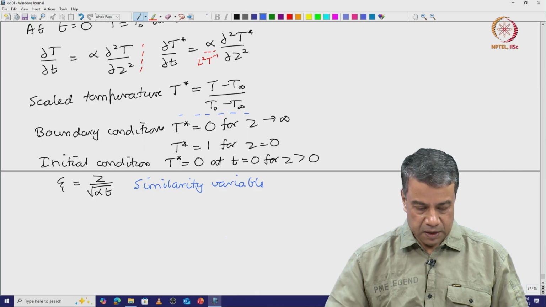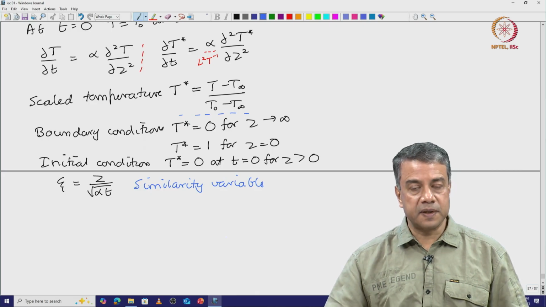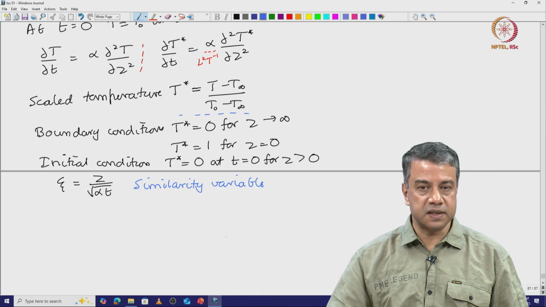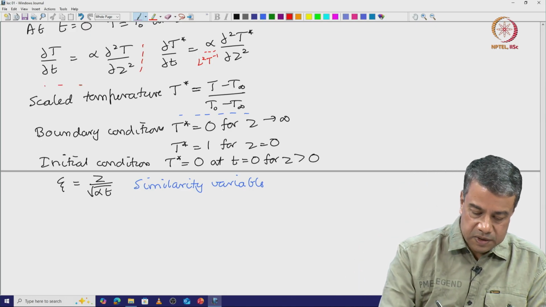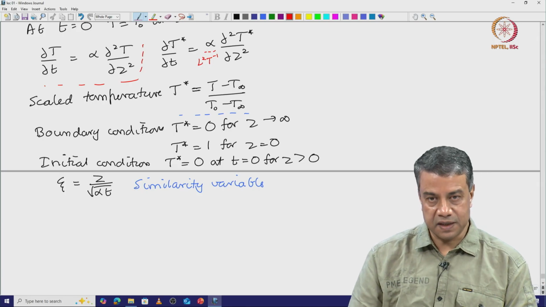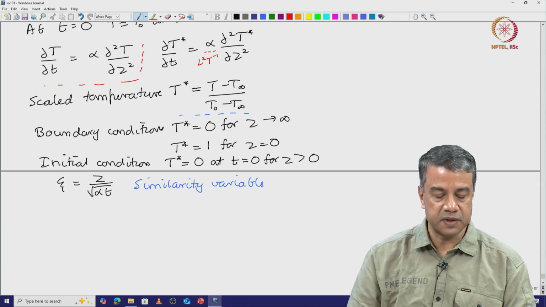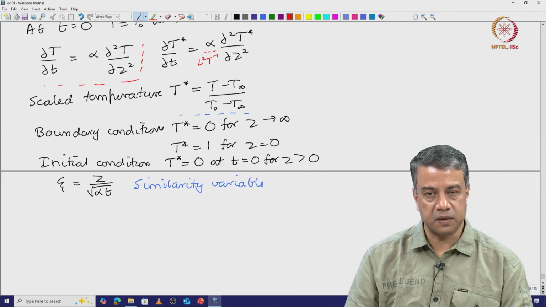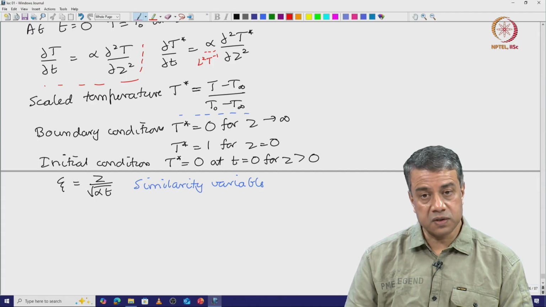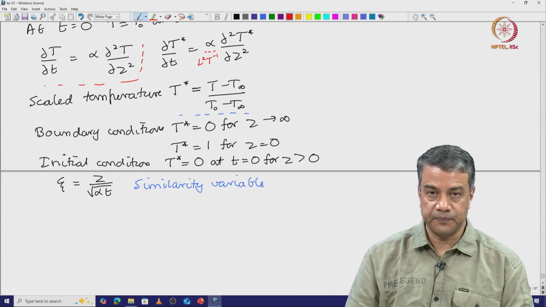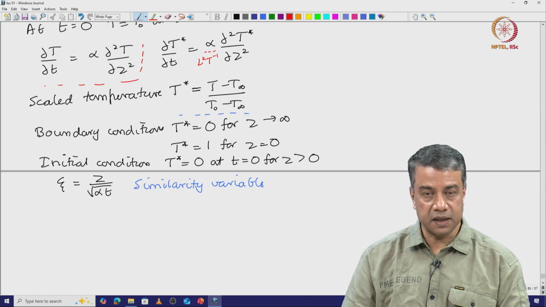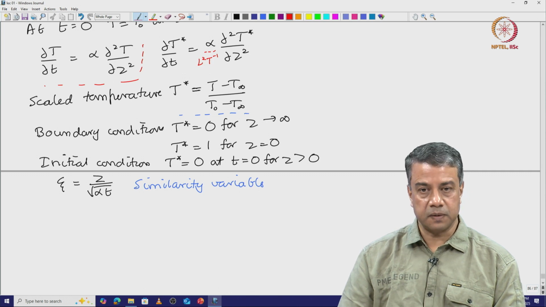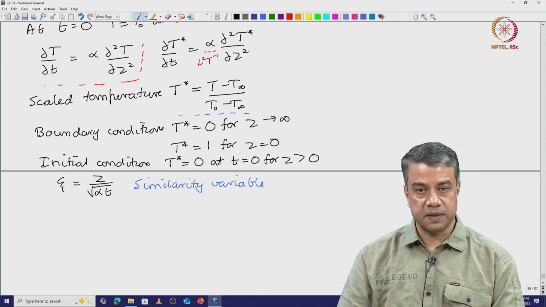So, if we can express the temperature field in terms of this similarity variable alone, note that the original temperature field depended both on T and Z. If I can reduce Z and T to just one variable, then I should be able to express the entire equation and also the boundary conditions in terms of that variable.